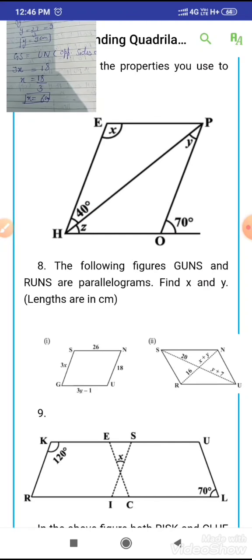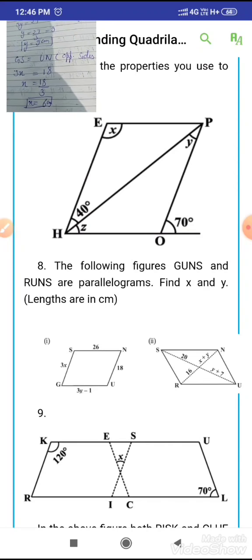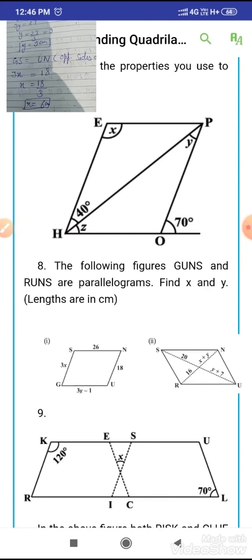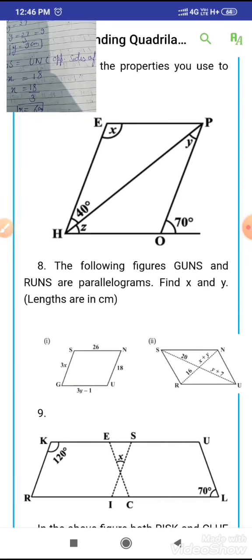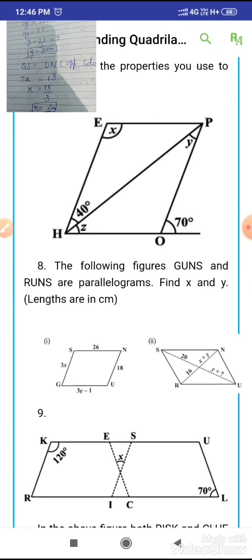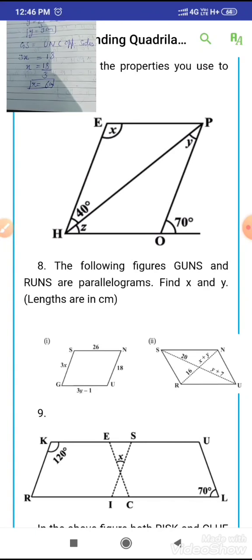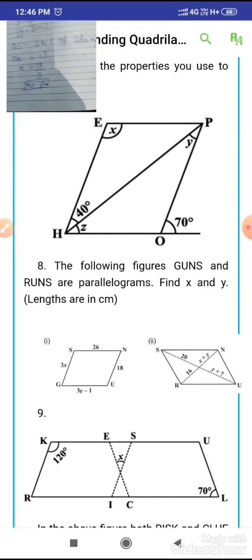Then we use this property on the sides GS and UN, because these two sides are also opposite sides of a parallelogram. So 3x is equal to 18, and from here we can calculate the value of x and it is 6 centimeter.